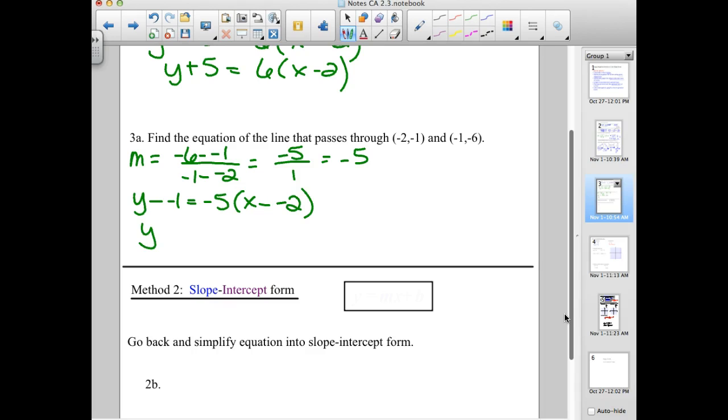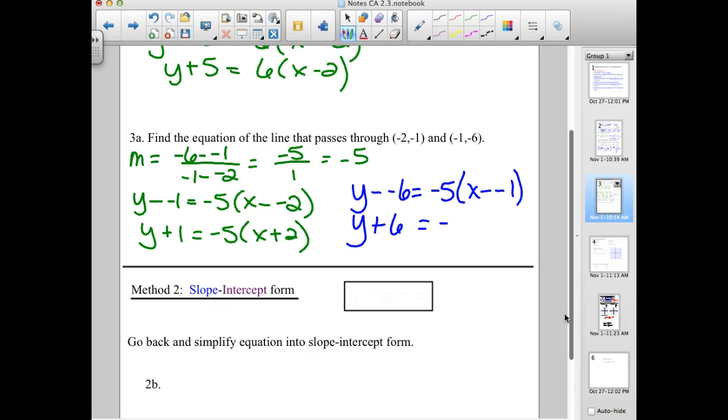Simplifying my two negatives gives me that. Yes? Okay. If I use the other point, simplifying, I've got y plus 6 equals -5 times x plus 1.